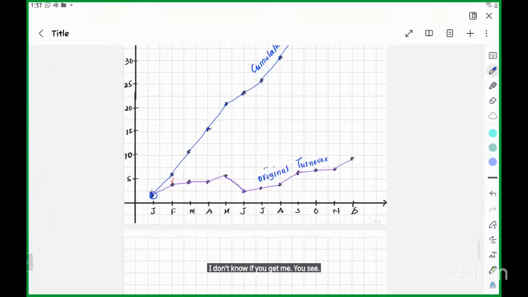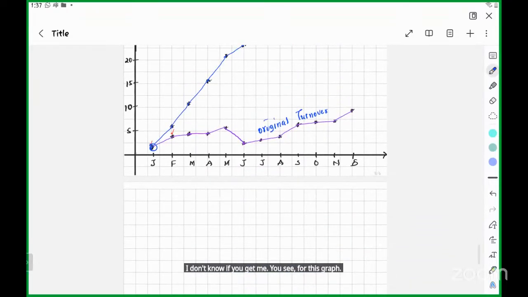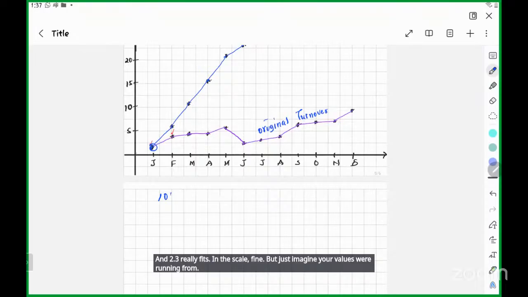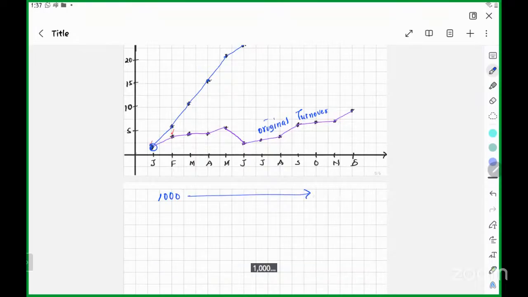You see, for this graph, we are chanced that the lowest value is 2.3. And 2.3 really fits in the scale 5. But just imagine your values were running from 1,000 to 1,020. Are you getting me?